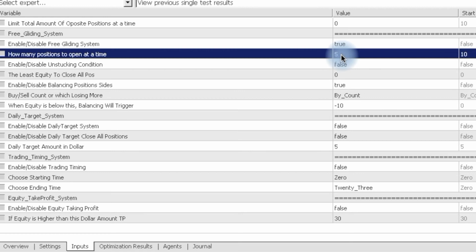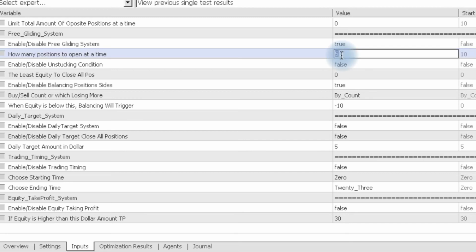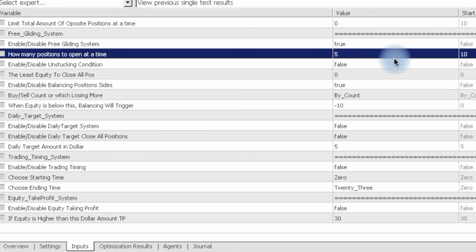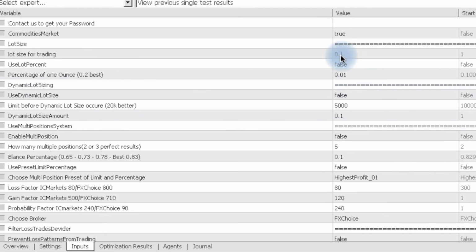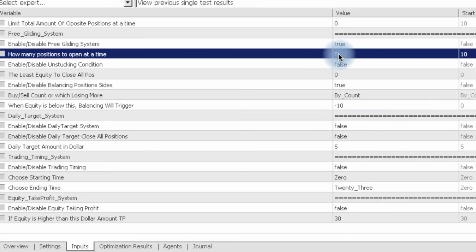But if one of them closes with loss or with gains, then it will go and try to match another pattern and open a 5th. So of course this depends on how many positions I have, and also on the amount of money I have. So two factors: the lot size, which is based on the amount of money that I have, and also how many positions I want to add at a time.